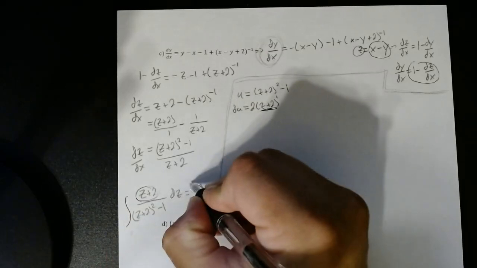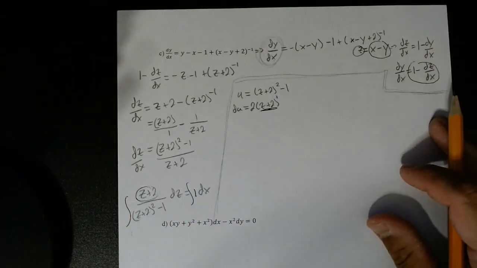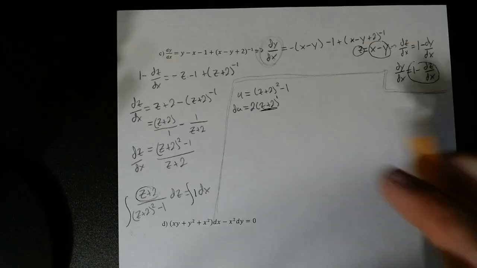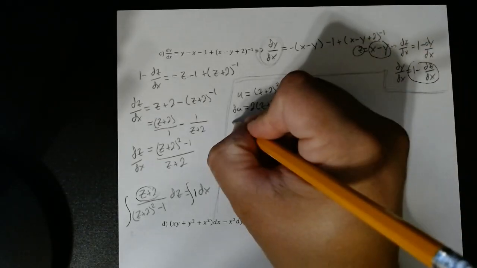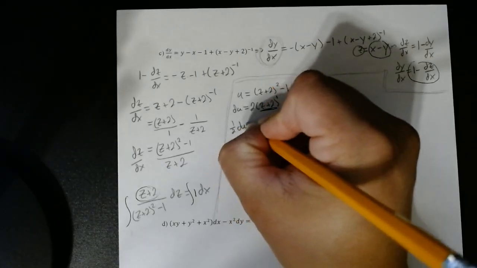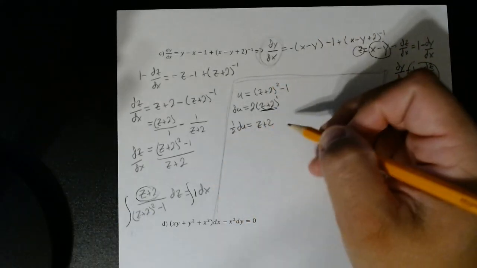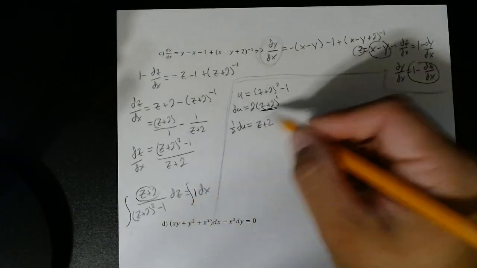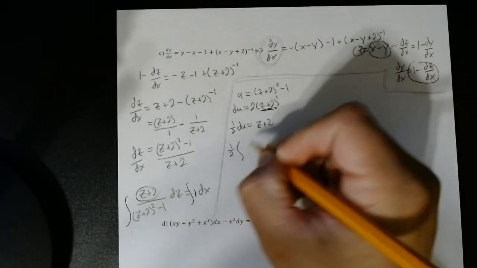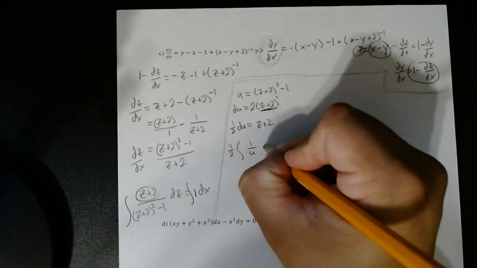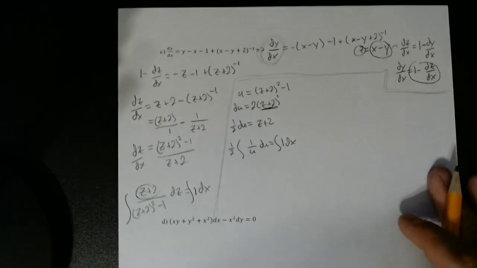Well, here, we'll just take the integral. This is just going to be 1, right? So we just divide by 2 to get our situation. So we have 1/2 du is equal to z plus 2, which is, again, what I have on the top. So this substitution method ends up being like that.